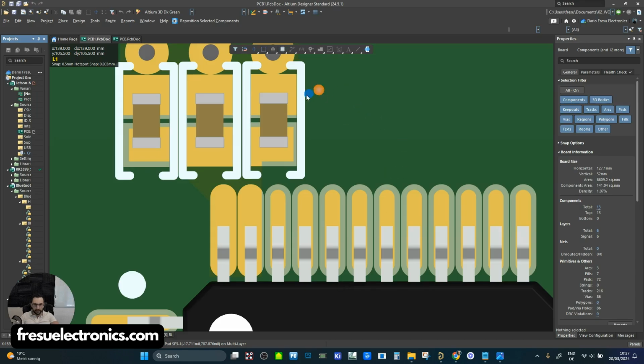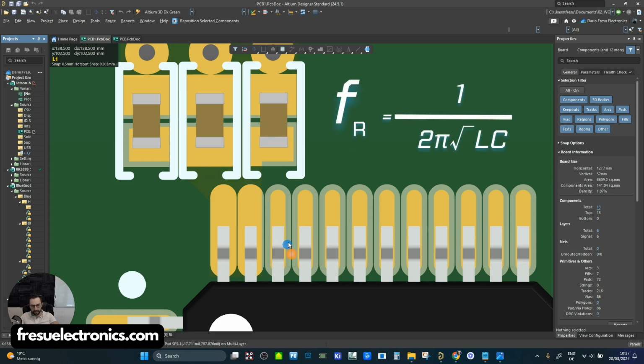Now, to give an example, if we are using a 0.1 microfarad capacitor, and we calculate the inductance of the package plus the traces and the pins, this usually amounts to 15 nanohenry.